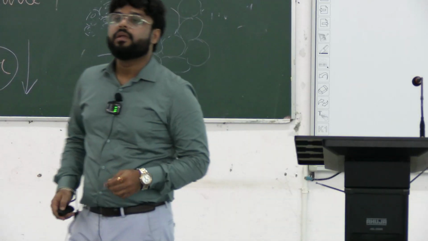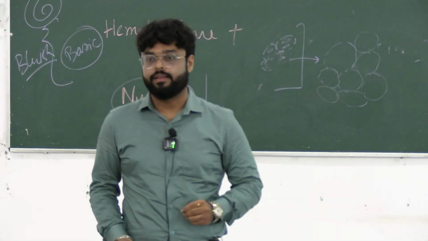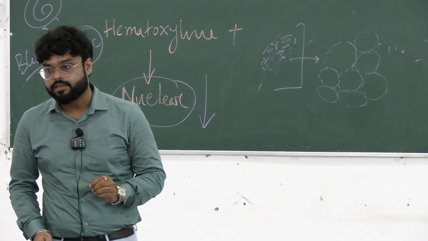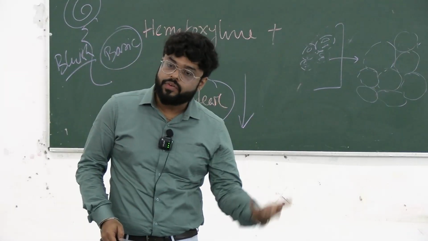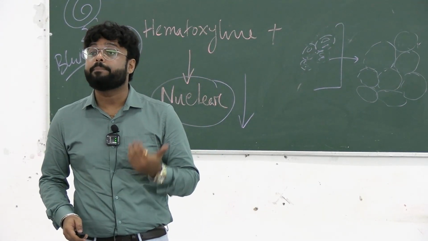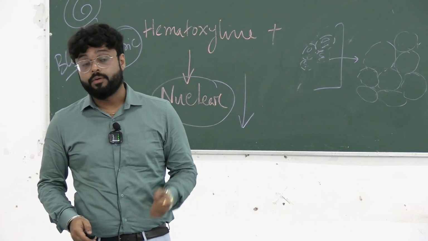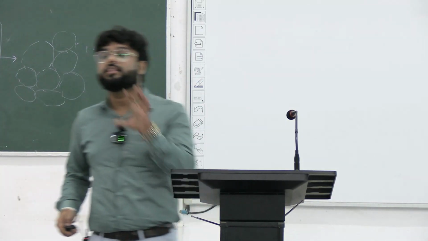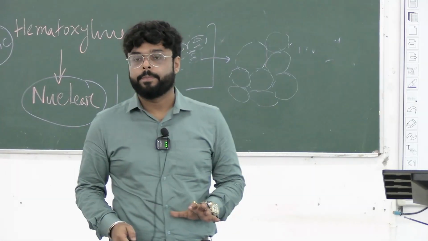aggregation of a specialized cell. These cells are tissue macrophages, which are differentiated into a specialized kind of cells known as epithelioid cells. Why is it called epithelioid cells? Because they are looking like the epithelial cells.